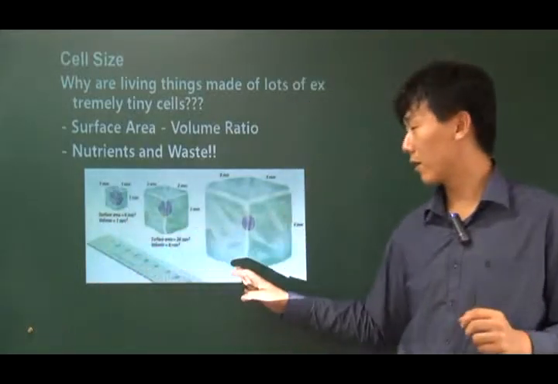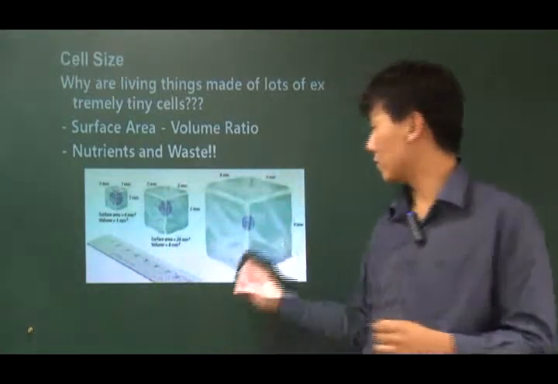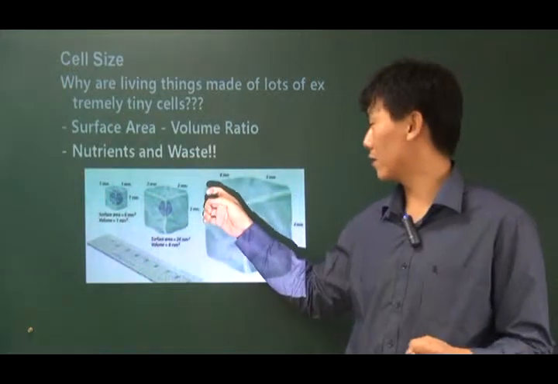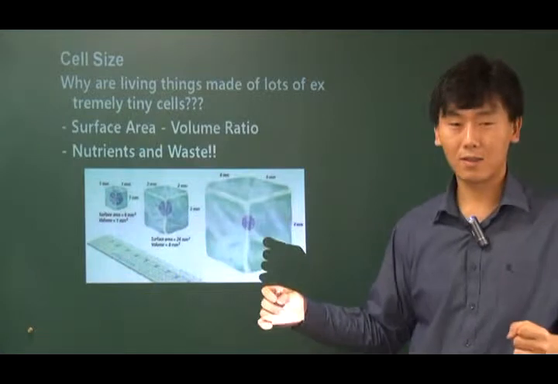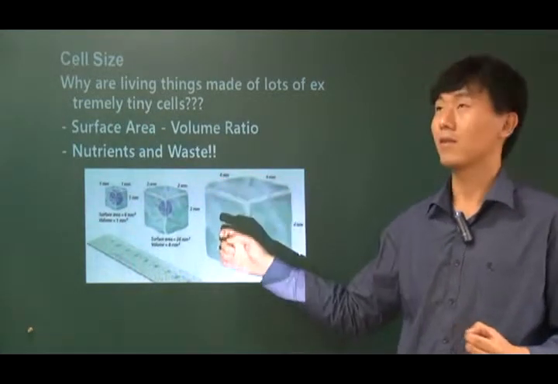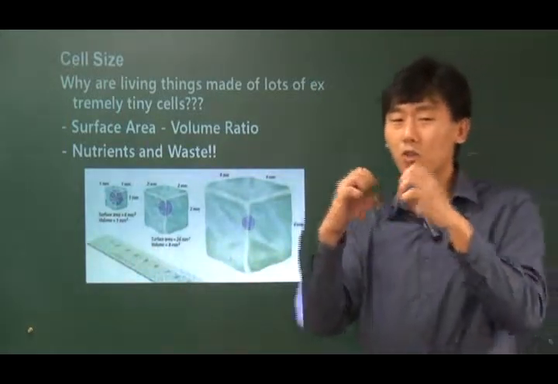But as they grow bigger, as you see, the ratio is going to get continually smaller. So for this last one, the volume is going to be 64 and the surface area is going to be around 96 millimeters cubed, and because of that, there's going to be a huge disparity.